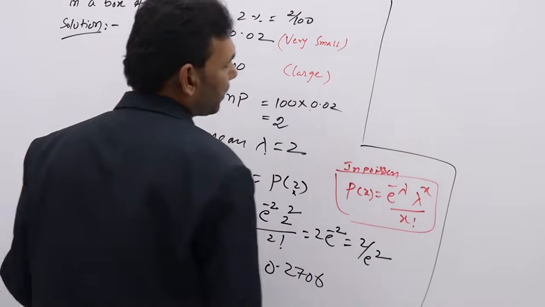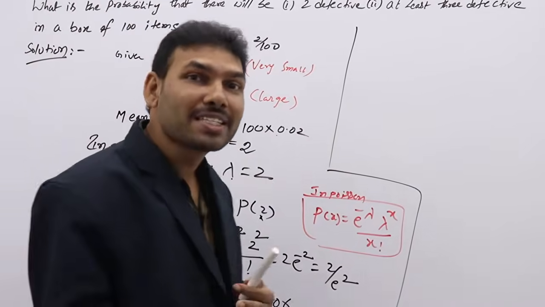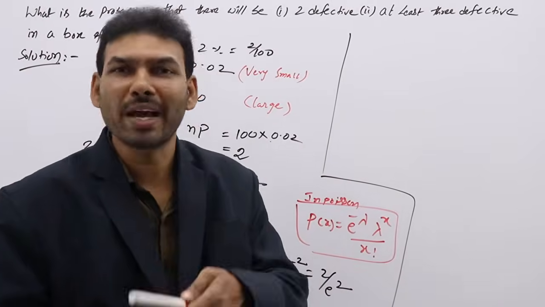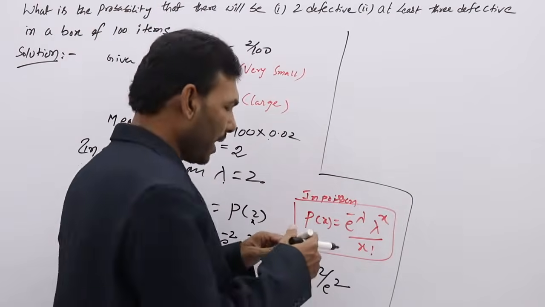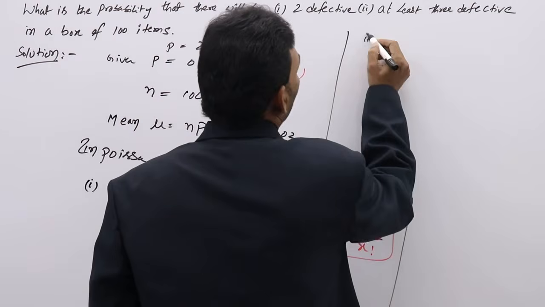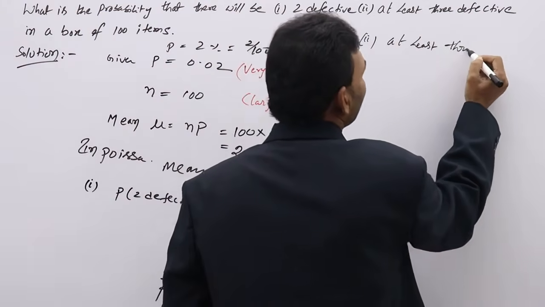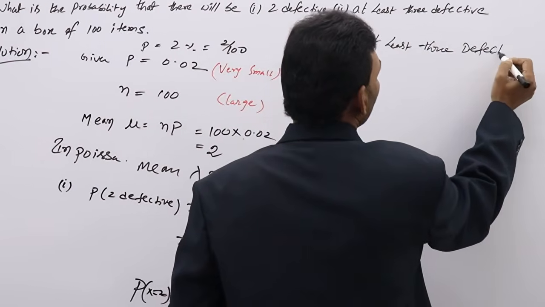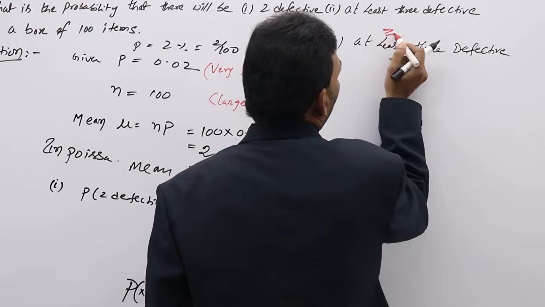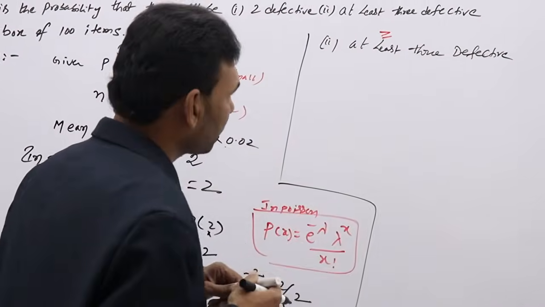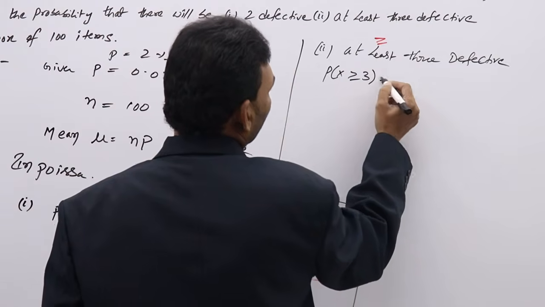Coming to the next bit. At least 3. At least means greater than or equal to. Minimum 3, maximum as many as possible. So here the question is at least 3 defective. That is P of x greater than or equal to 3.